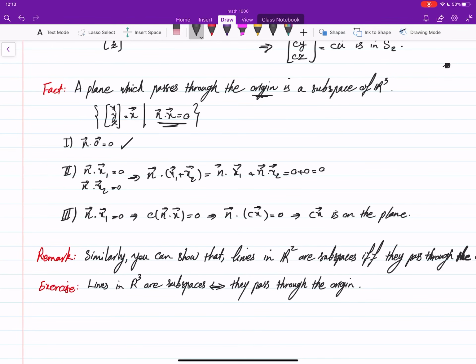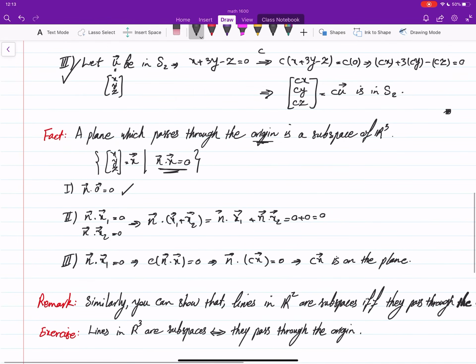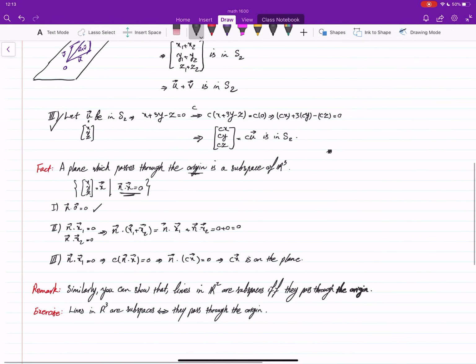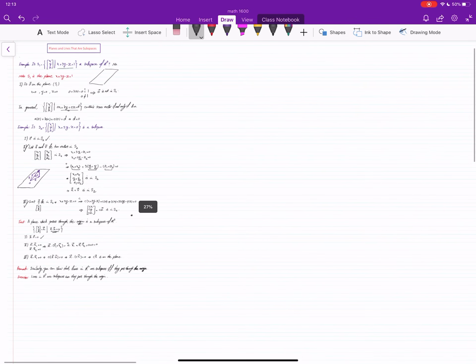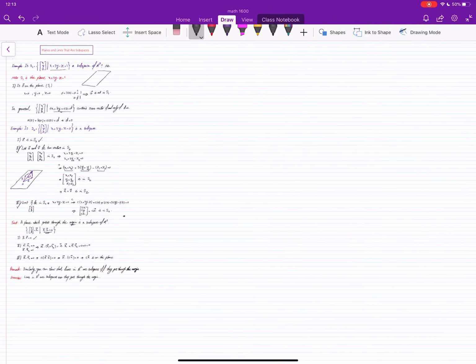In other words, every subspace of R3 is either a line or a plane. There's one more case when it is only the origin, just one point. That's an interesting fact that you can see in general. Okay, so only the planes and lines which pass through the origin form subspaces of R3.